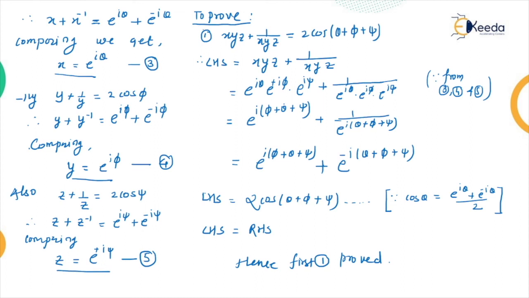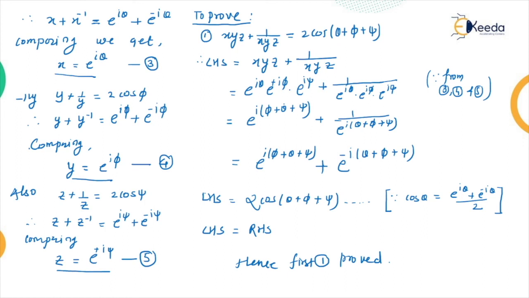Now we have to prove the first. For proving the first, take the LHS, putting the value of x, y, z in this equation. LHS is xyz plus 1 upon xyz. By using indices rules, we get e to the power i in bracket theta plus phi plus psi, plus e to the power minus i in bracket theta plus phi plus psi.